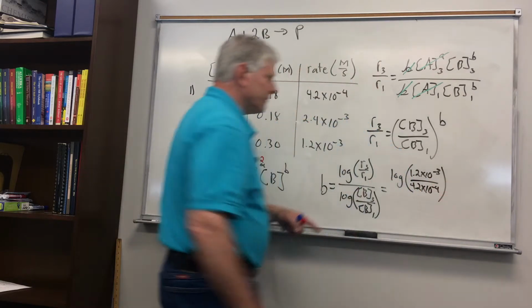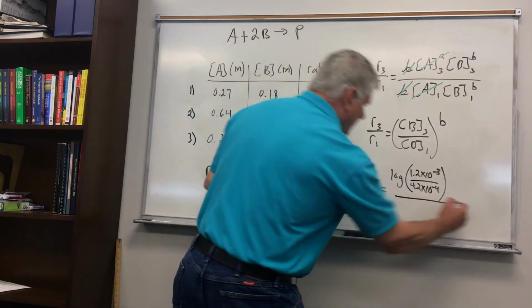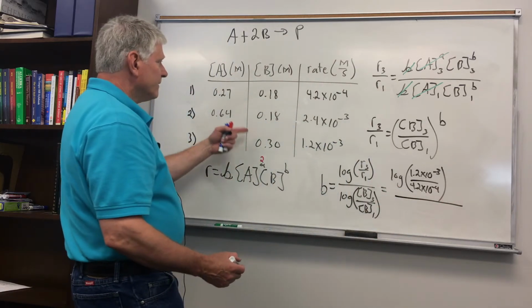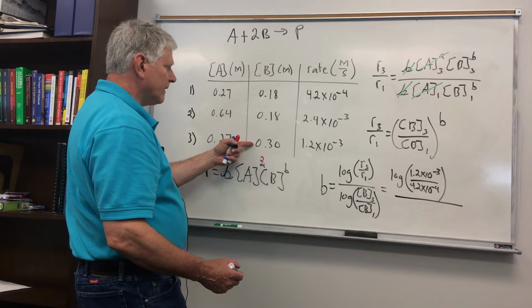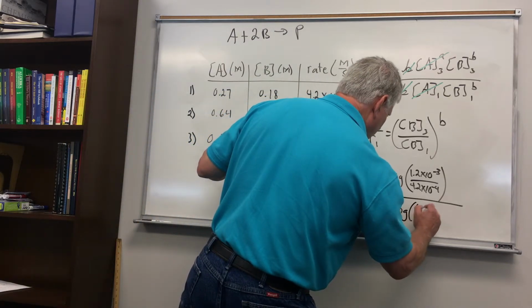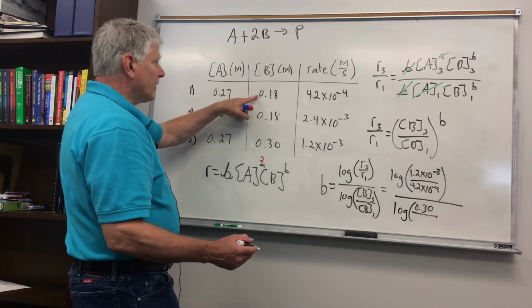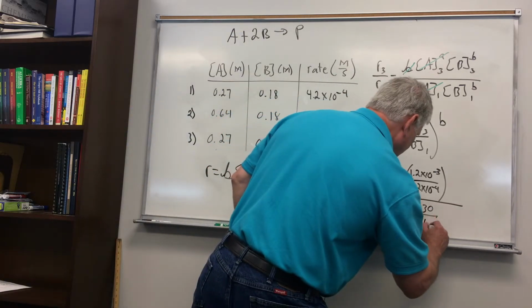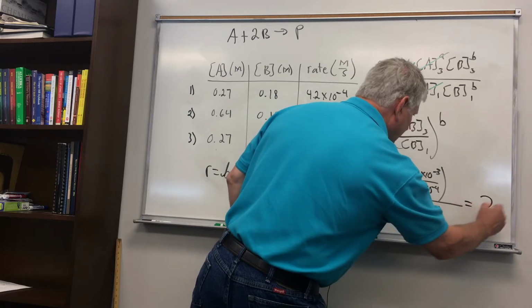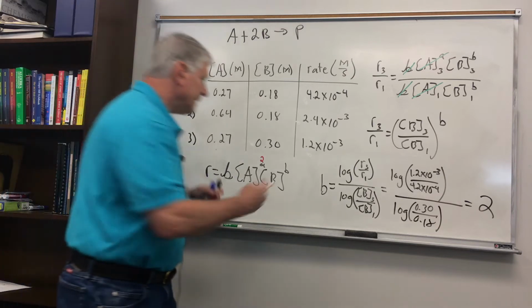And I'm not writing the units because the units cancel in this quotient. And then divide by the concentration of B. So in experiment 3, it's 0.3 molar. And again, the units cancel. And experiment 1 is 0.18. And then rounding to a whole number, I get 2 for b.